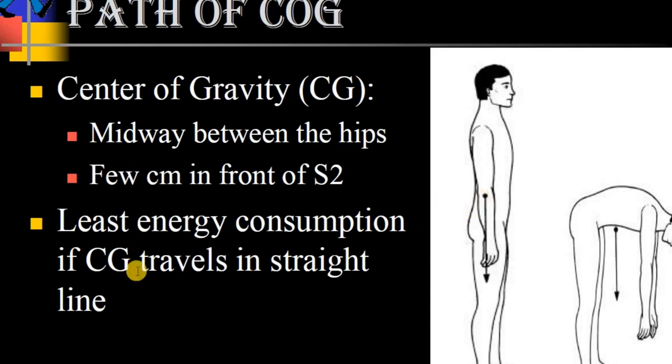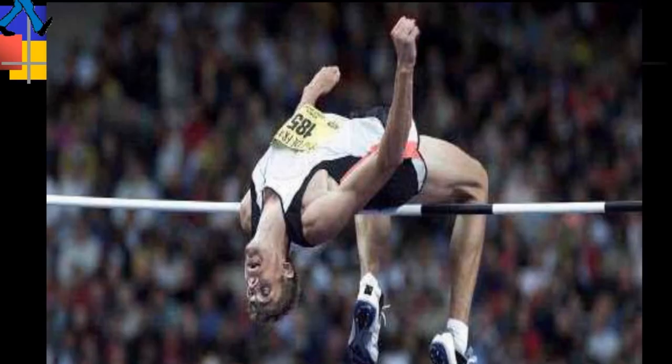With the least energy consumption, the center of gravity travels in a straight line, okay. When you are standing, least energy is consumed. When you bend forward or propel yourself forward, there will be more energy consumption. Try to imagine this athlete's center of gravity. Where would it have shifted from its normal S2 position?